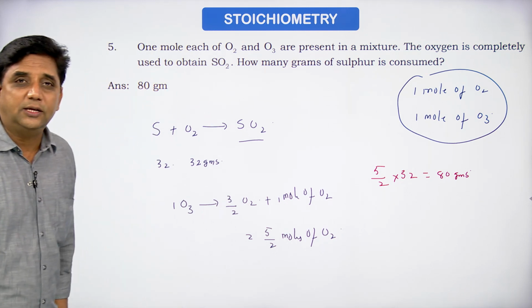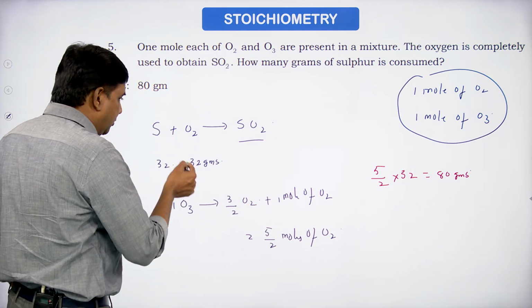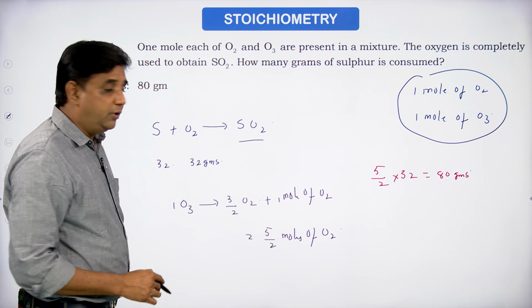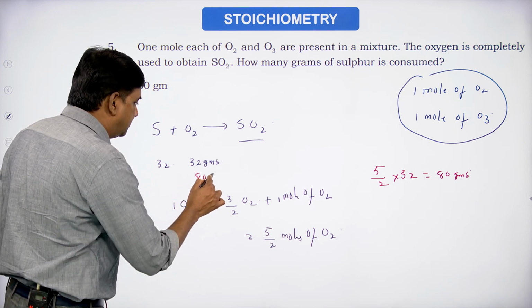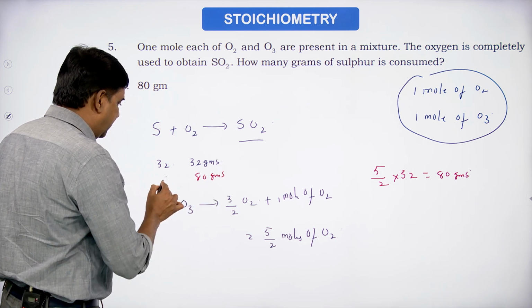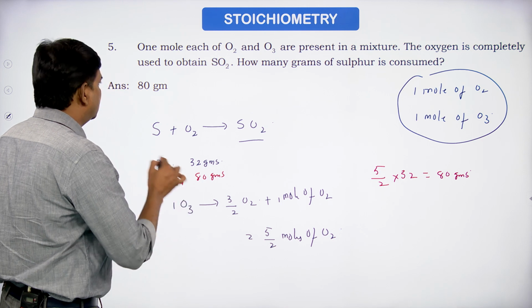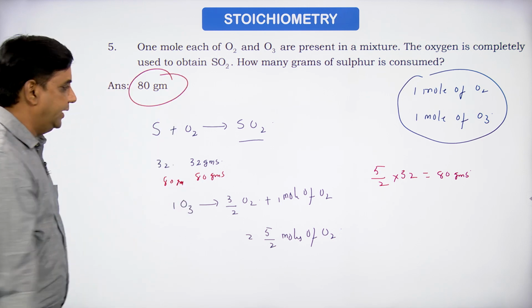So, the mass of oxygen is 80 grams. When 32 grams of oxygen combines with 32 grams of sulfur, 80 grams of oxygen will combine with 80 grams of sulfur only. So, therefore, the answer is 80.